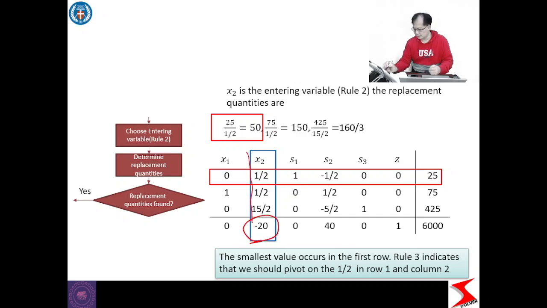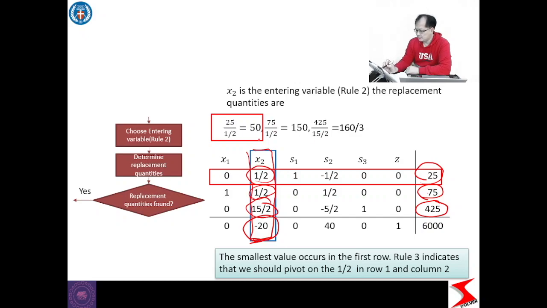So x2 will be the entering variable, and we do the replacement quantity. We use 25 divided by 1/2, 75 divided by 1/2, and 425 divided by 15/2.